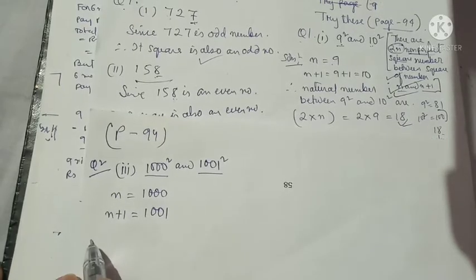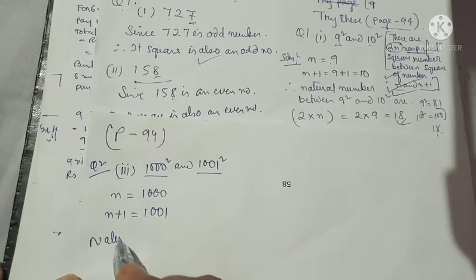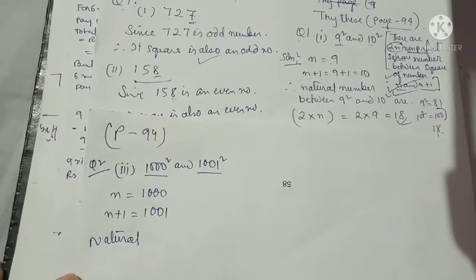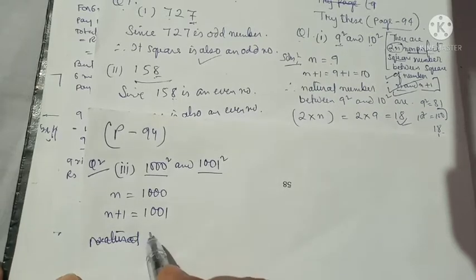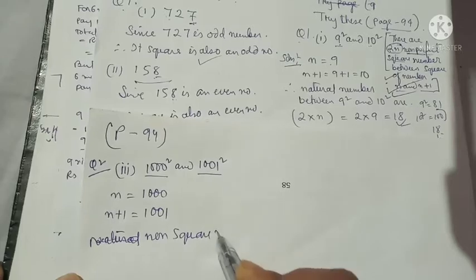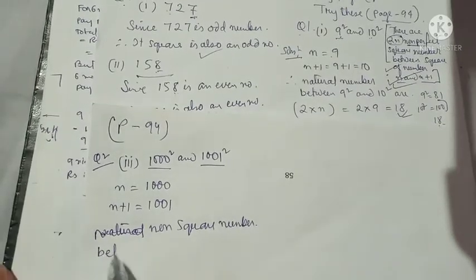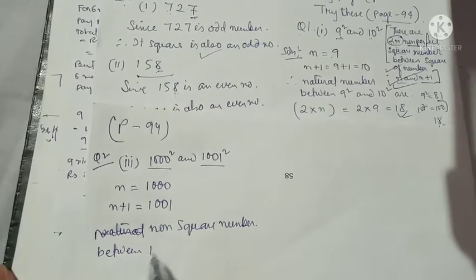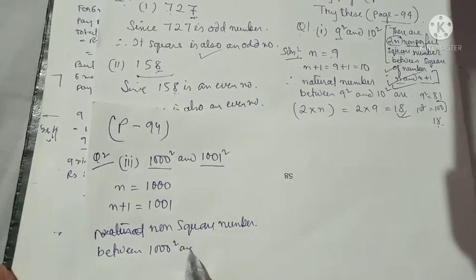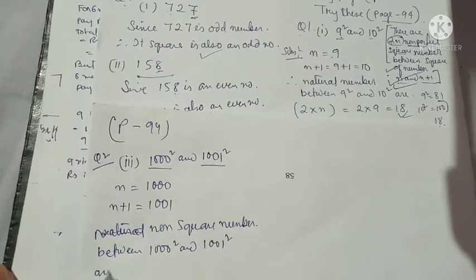So non-square numbers between 1000 square and 1001 square are twice n.